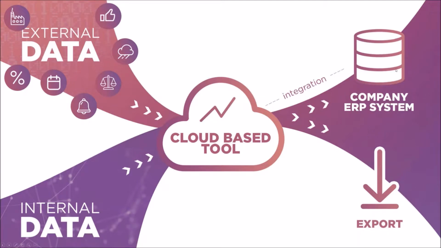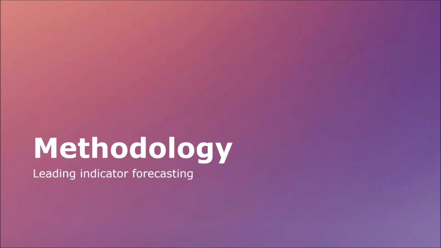We typically take sales data either from your existing forecasting system or from your ERP system. So we need to get that data out, and either you export the result and manually integrate it with your existing planning system, or we can also automatically integrate with that existing planning system. And it's a cloud-based tool, so once we give you access, you would see it's very easy to use and to manipulate.